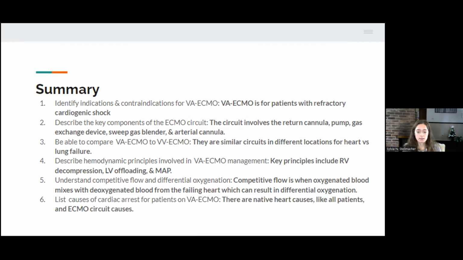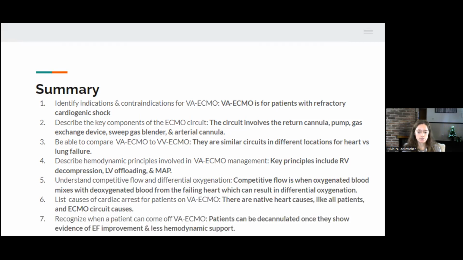We discussed some of the causes of cardiac arrest for patients on VA-ECMO, and that when a patient does arrest on VA-ECMO, we need to consider the native heart causes as well as ECMO circuit causes. And finally, we talked a little bit about weaning, when patients can be decannulated, which is when they usually show improvement in their ejection fraction and are needing less hemodynamic support.